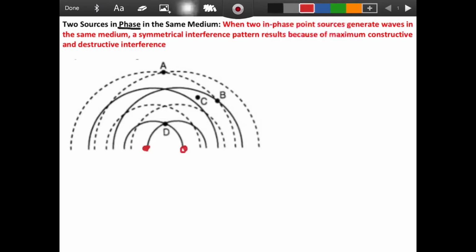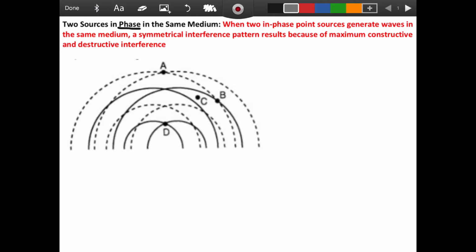I'll use different colors. And these wavefronts move out relative to that source. And now this is important because it creates a nice symmetric interference pattern of maximum and destructive interference.